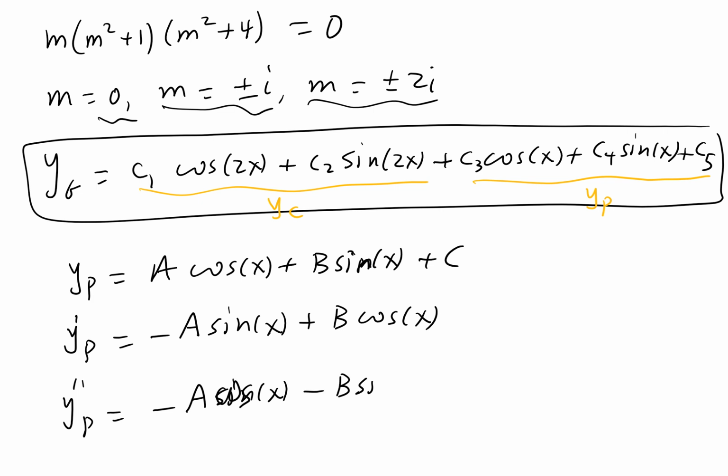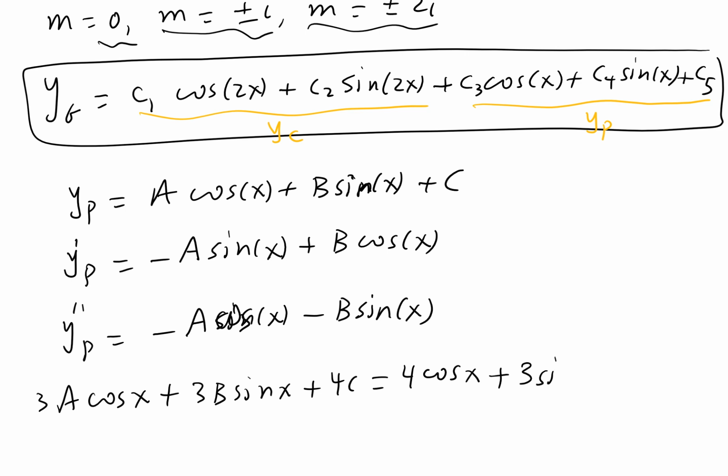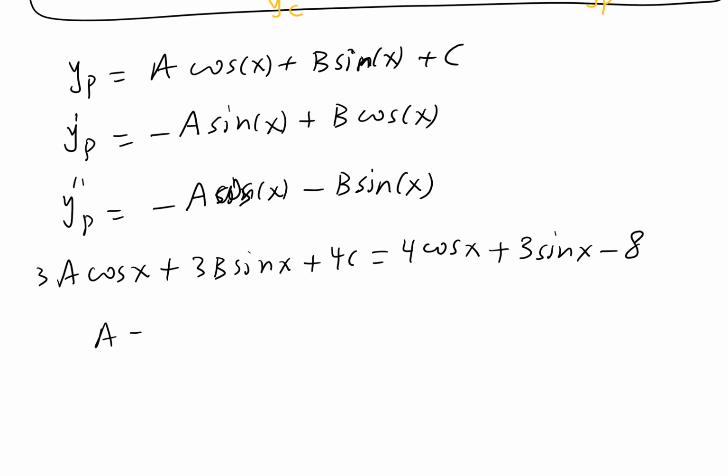Then we substitute into the original equation: 3a cosine x plus 3b sine x plus 4c equals 4 cosine x plus 3 sine x. Equating coefficients, you get a equals 4 over 3, b equals 1, and c equals negative 2.